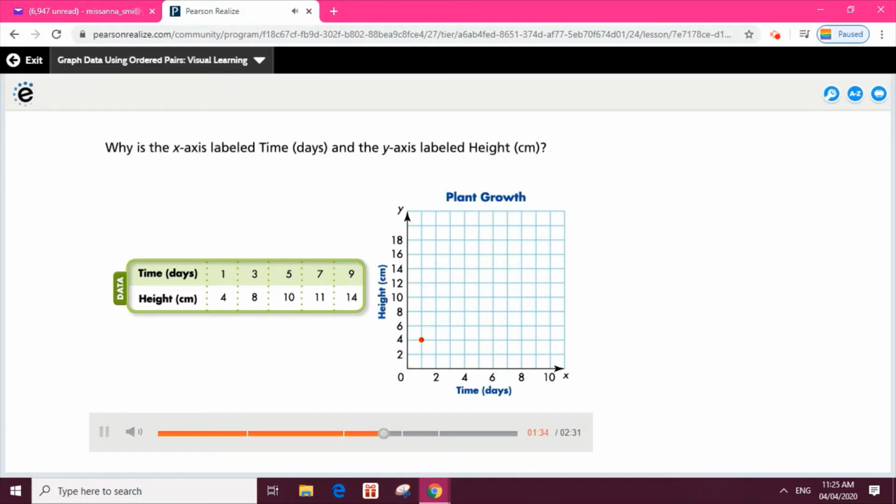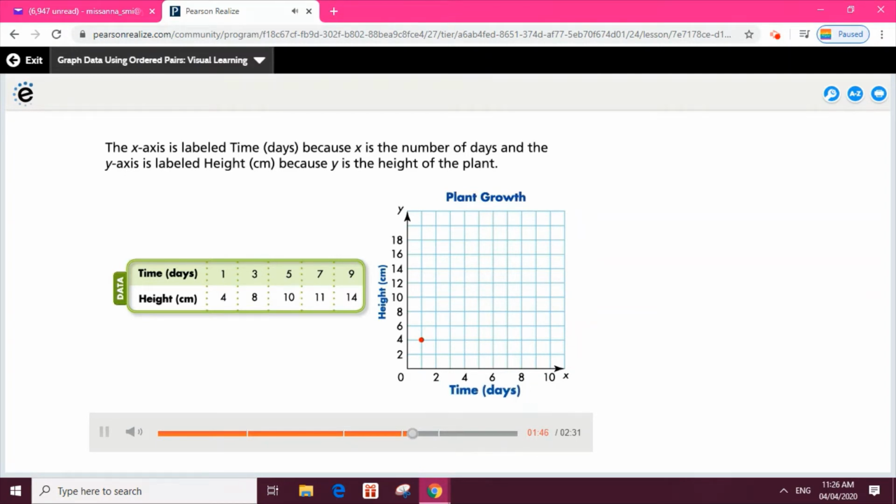Why is the x-axis labeled time, days, and the y-axis labeled height, centimeters? The x-axis is labeled time, days, because x is the number of days, and the y-axis is labeled height, centimeters, because y is the height of the plant.